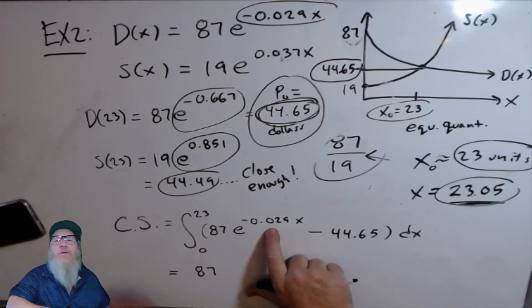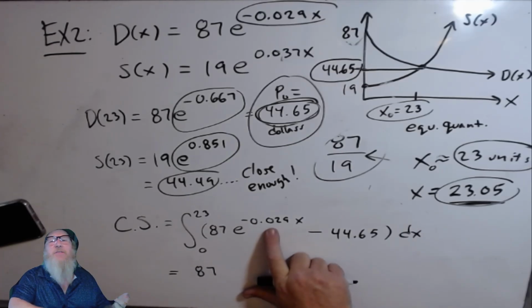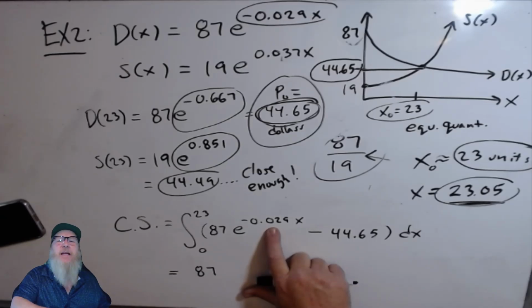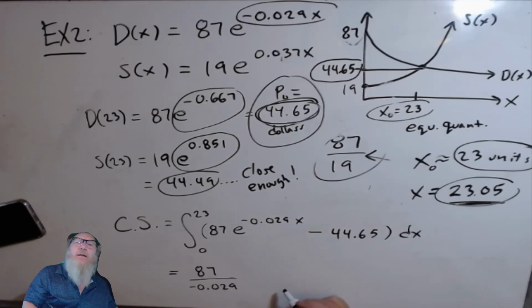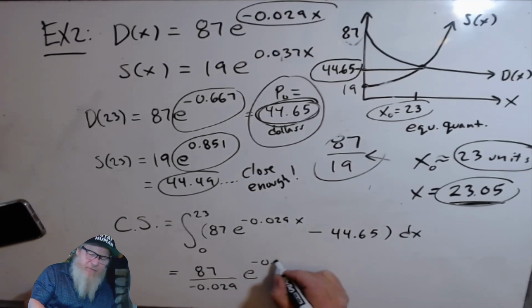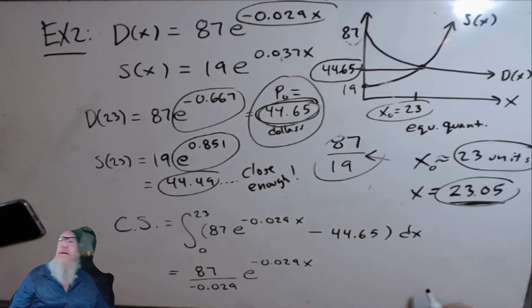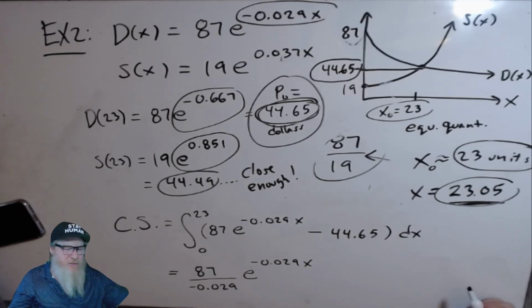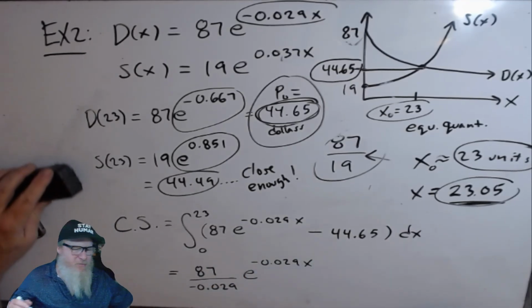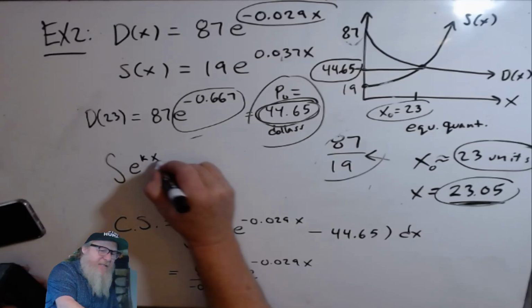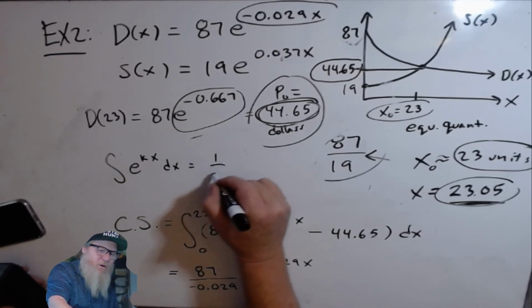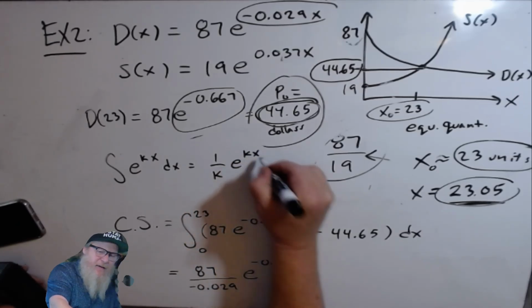Now there's a whole series of steps to deal with this power, but I hope it became clear through the previous examples that all you have to do is divide by the coefficient, and then that is your antiderivative. So in other words, the antiderivative of e to the kx is 1 over k times e to the kx.